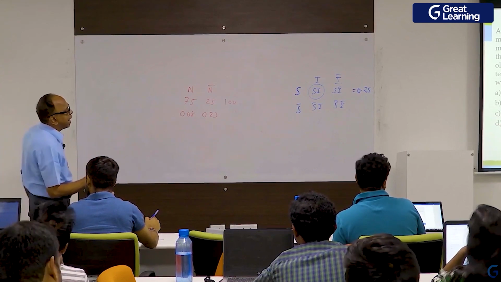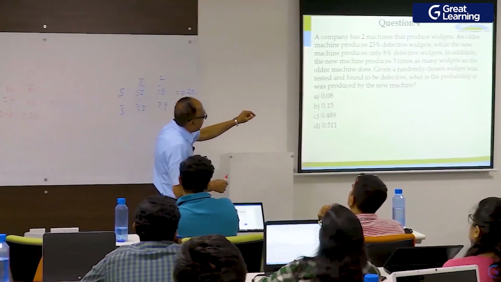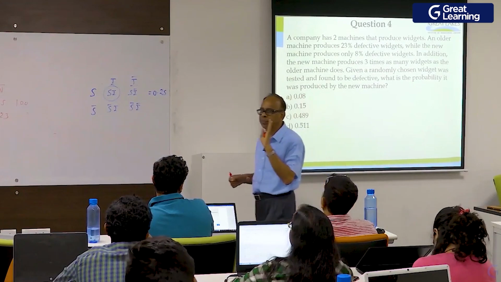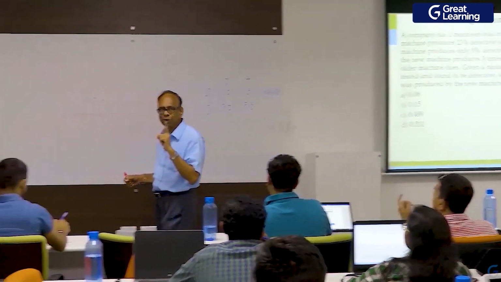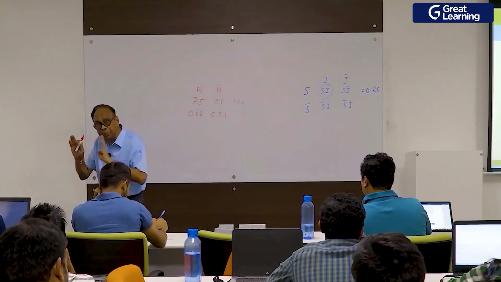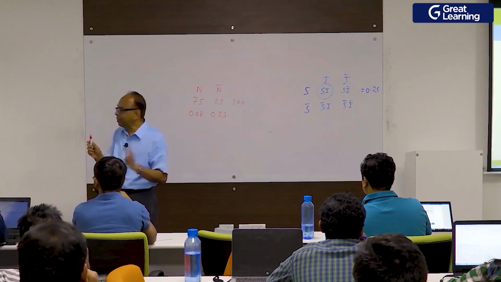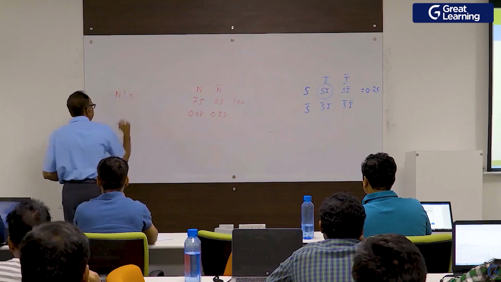The question asked is: a randomly chosen widget was tested and found to be defective. What is the probability it was made by the new machine? Are you with me? In other words, it is found to be defective means defective is given. You want N, the new machine, given defective. Am I right?